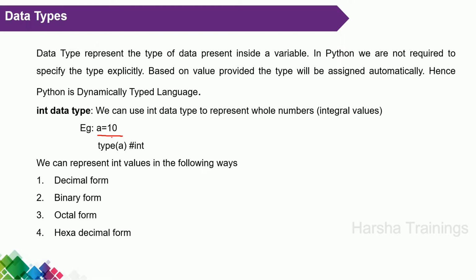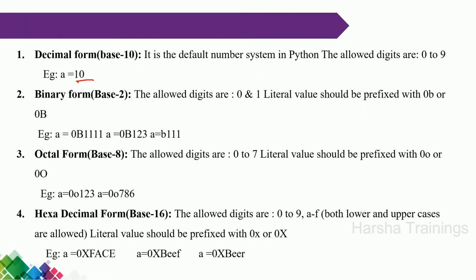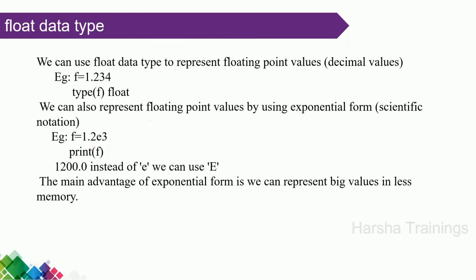It can store only one value, either an integer type or a floating type. So integer, float, boolean, and complex variables all store only a single value.